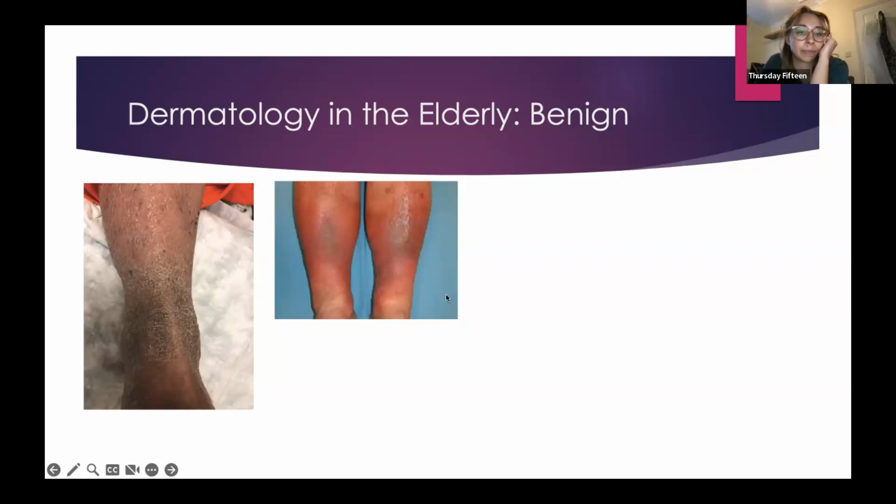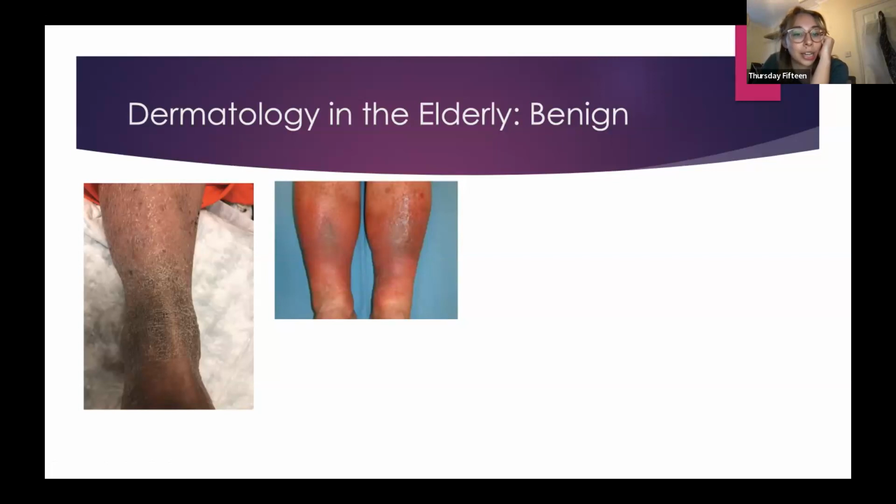How about this one? Okay, no takers for this one. This, with the erythema, swelling, edema, is associated with venous stasis or venous insufficiency.